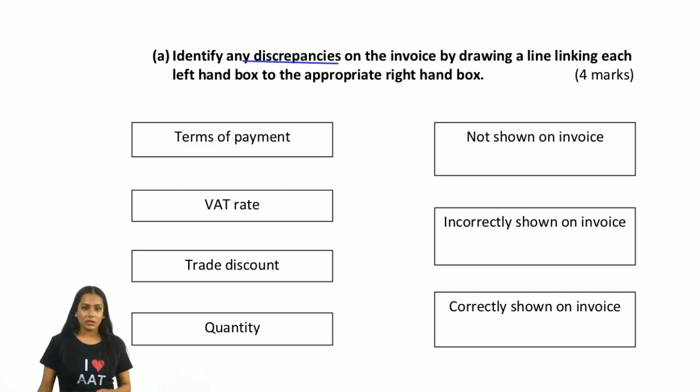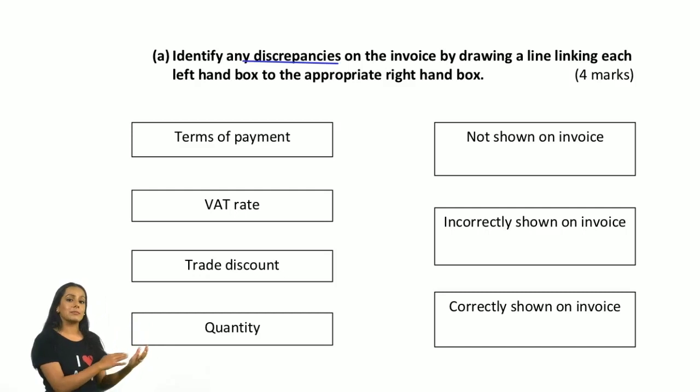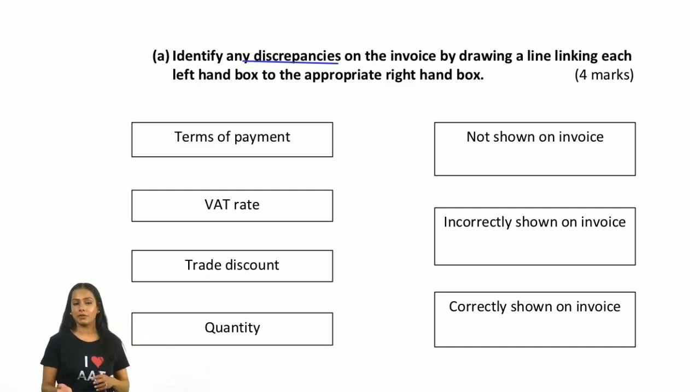It's very important that you read the descriptions very carefully. If this is the CBE assessment, here I'm doing a paper version, but when you're doing the CBE, you need to click on, let's say, the terms of payment, and then click on the matching description, and it will create a link between the two boxes. If you change your mind, you can unclick the box and the line will disappear.